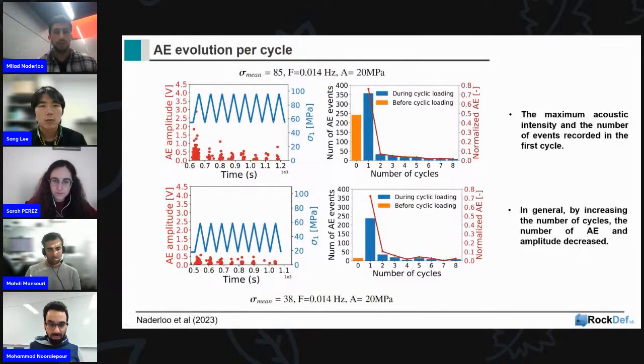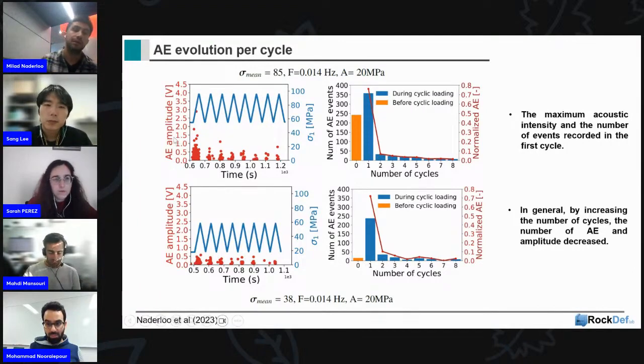I also mentioned that we use the acoustic emission technique here. In the left-hand side of the plot, we have the amplitude of the events we are receiving. We listen to those events and see what the magnitude or amplitude of each event is.